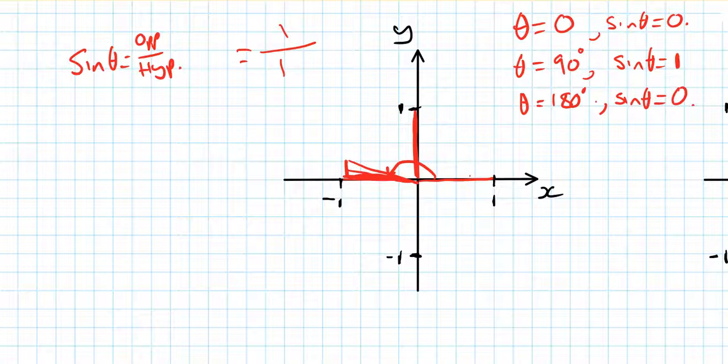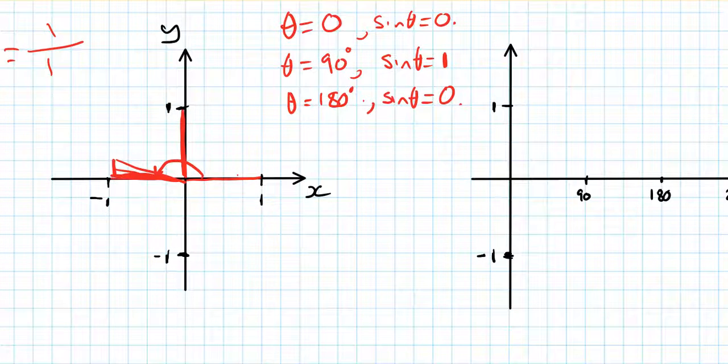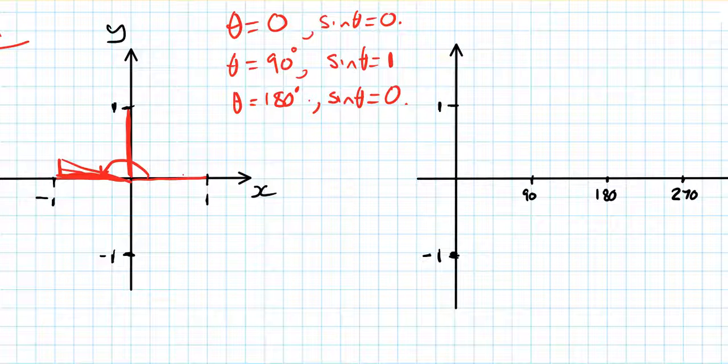Now what we could even do, going a little bit further, is plot this on some axes. So rather than have an x-axis, let's have a theta axis. And so we could mark some points. We know that when theta is equal to 0, sine theta is equal to 0. We know when theta is equal to 90, sine theta is equal to 1.